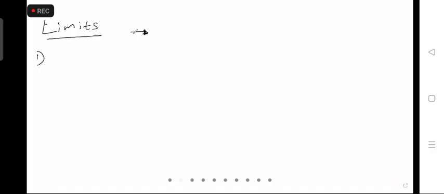So you have some problem, why are we learning calculus? Actually, in calculus you have two goals. If you know calculus, you can achieve these two goals, right?